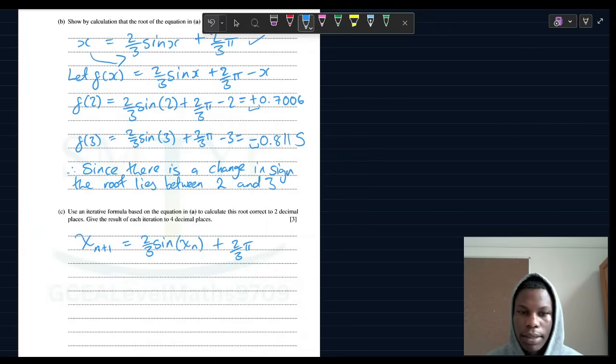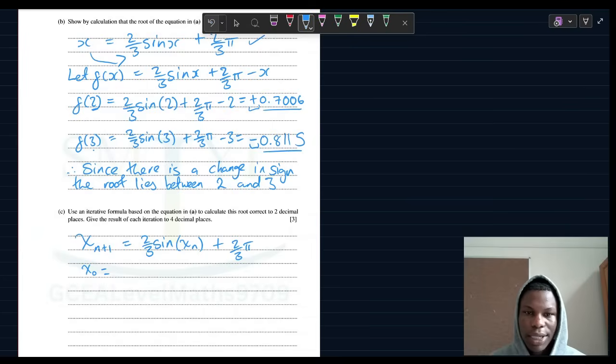And so here, since we don't have an initial value, we can use either 2 or 3, or we can use the midpoint of 2 and 3. Basically, a good starting point would be whatever x value yields a value that's close to 0.